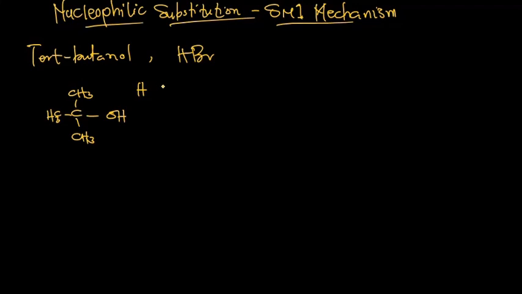We do that by protonating the OH. So if this is the HBr, this bond is going to break heterolytically, and then we are going to have the electrons thrown to bromine. So the oxygen is going to pick the H and gets protonated.